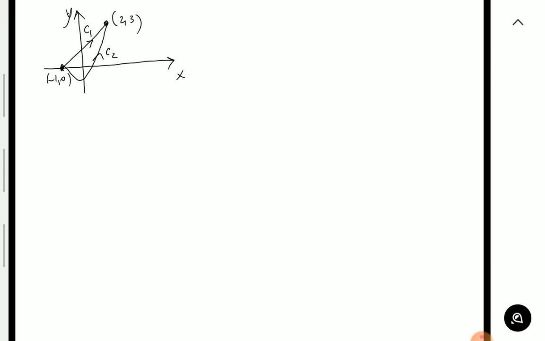But the goal, for example, let's choose a function here, f of x y equals x squared plus y. And I'm going to compute on this page the integral of the same function, but over two different curves that start and end at the same point. In this case, -1, 0, and 2, 3.